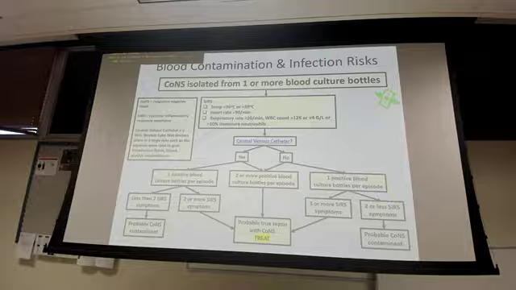If that's what's seen and that person has a central venous catheter, and you have one positive blood culture per episode with fewer than 2 SIRS symptoms, then it's probably a contaminant. But in a positive blood culture, if you have 2 or more of those SIRS symptoms, then you know to treat, okay?